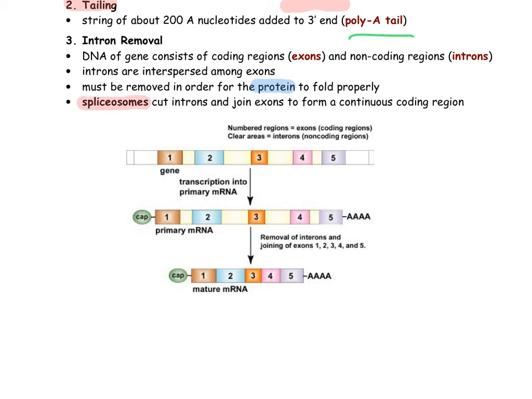But what does a spliceosome do? The spliceosome is going to come in and splice out all of our introns. Okay? So mRNA, once transcribed, is not yet ready to leave the nucleus and needs to go through some processing, which involves adding a cap to our 5' end, adding a polyadenine tail to our 3' end, and also removing the non-coding introns using spliceosomes.